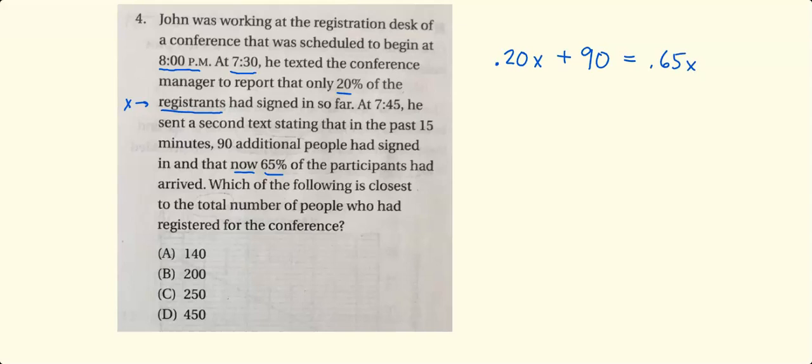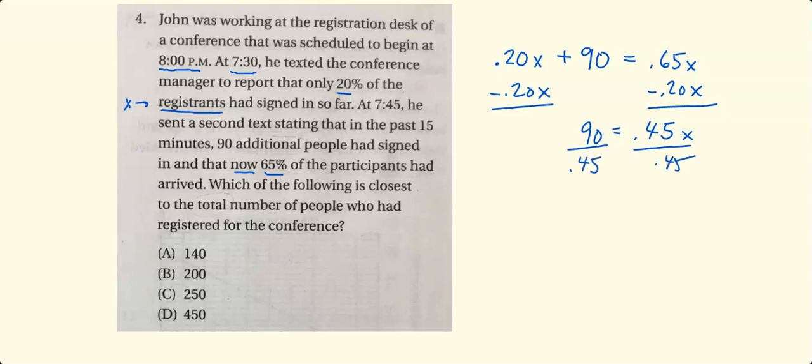This is simply a matter of solving for X, subtracting 0.20x from both sides, and we're going to end up with 90 equals 0.45x. Then when we divide both sides by 0.45, X is going to equal 200. And so B is the correct answer.